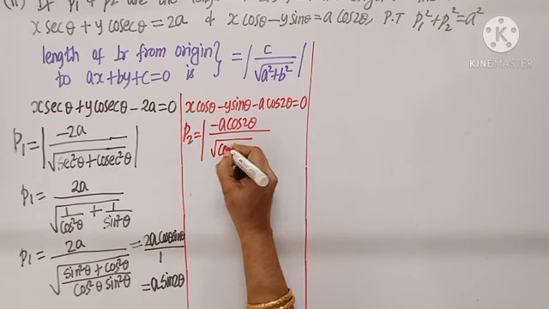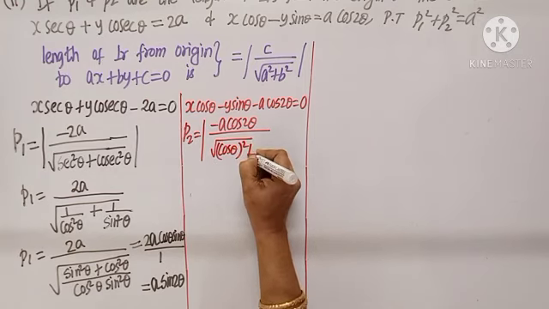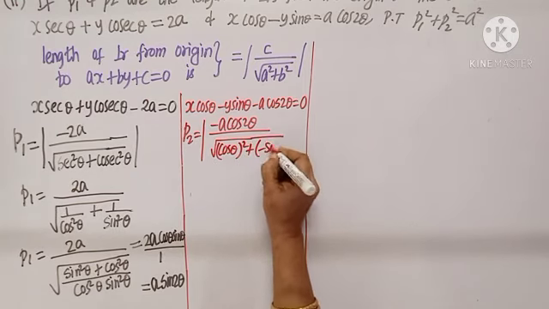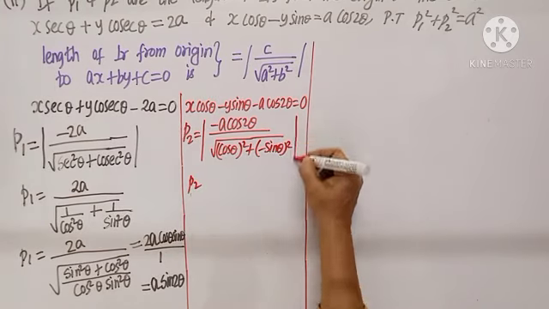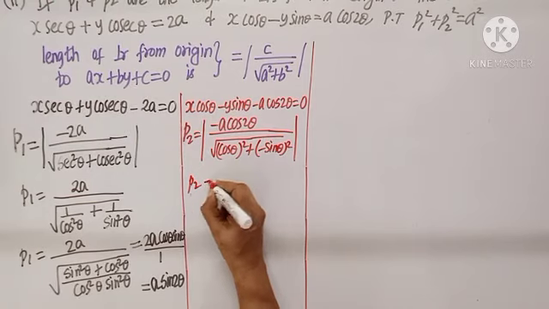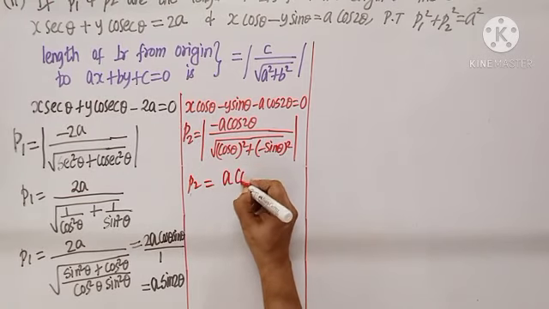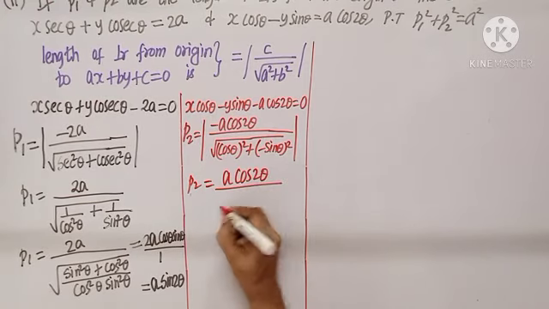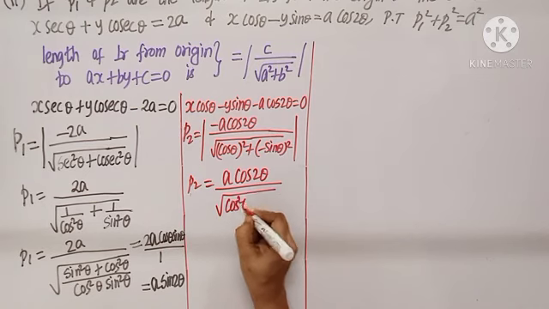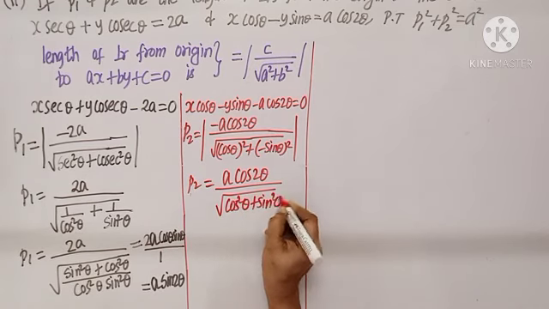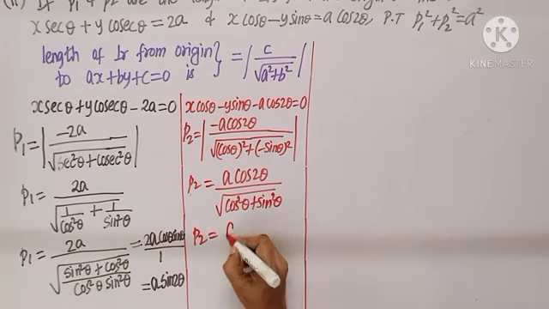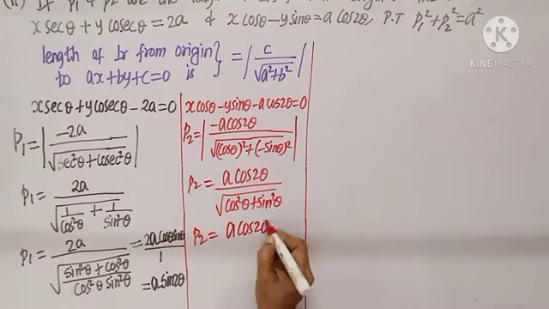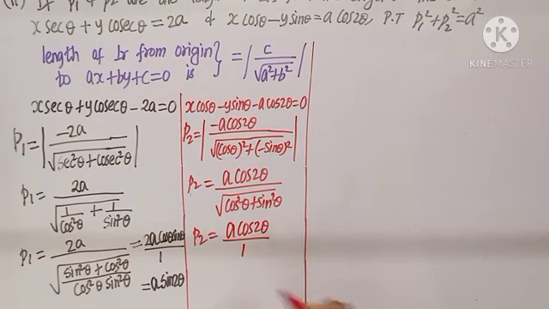A is cos theta the whole square plus B is minus sin theta the whole square. Because modulus is coming, minus can be ignored. I get A cos 2 theta divided by root of cos square theta plus sin square theta. We know cos square plus sin square is 1. So I get A cos 2 theta divided by 1.